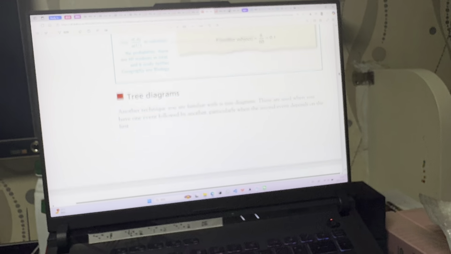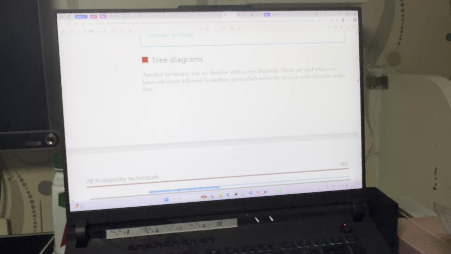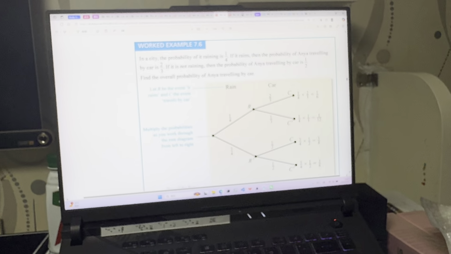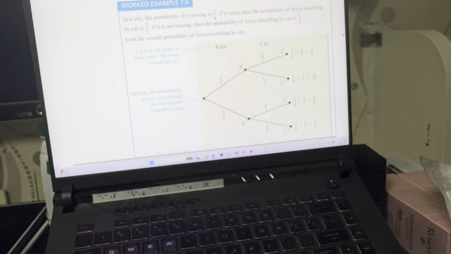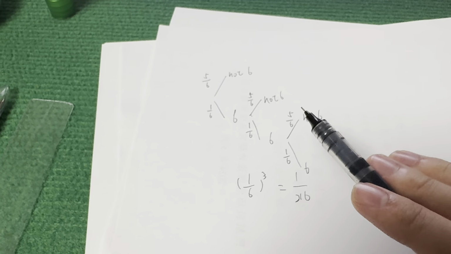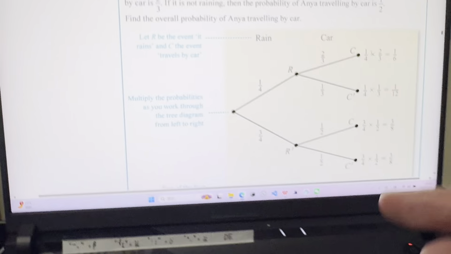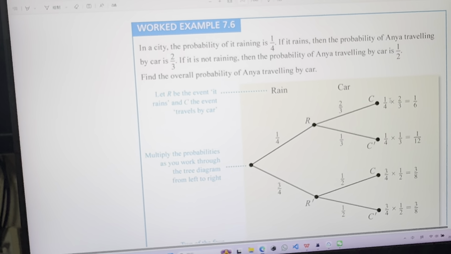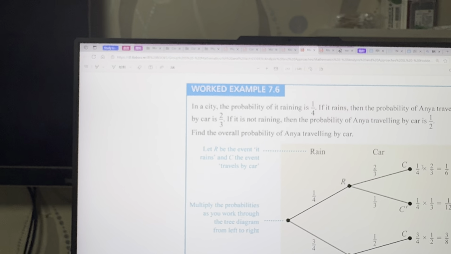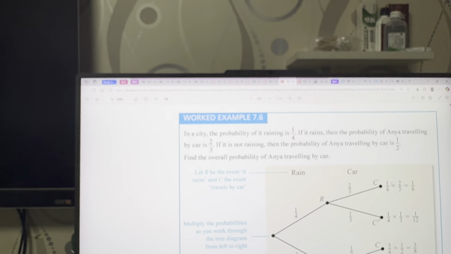And remember, if the second event depends on the first event, then when we calculate, we need to multiply. That's why I multiply here: 1/6 times 1/6 times 1/6, which is 1/6 cubed. Because for the probability of an event that depends on another event, we multiply. So here's the example.